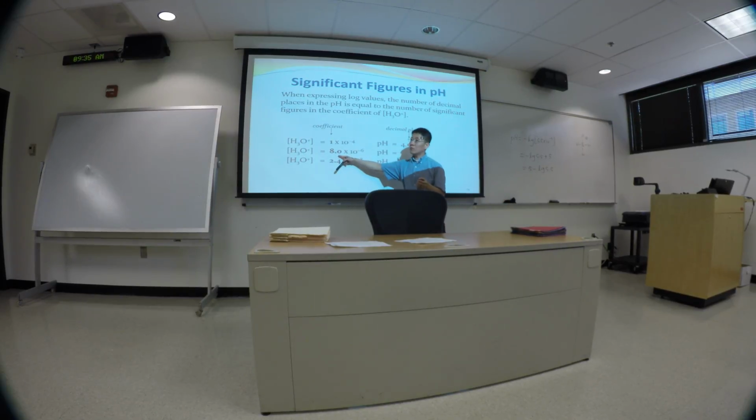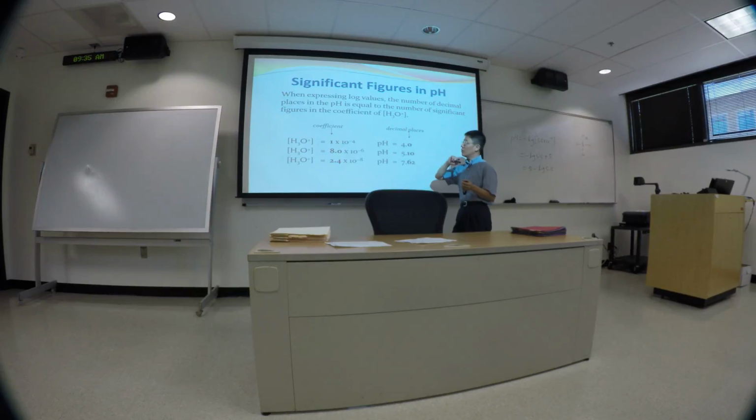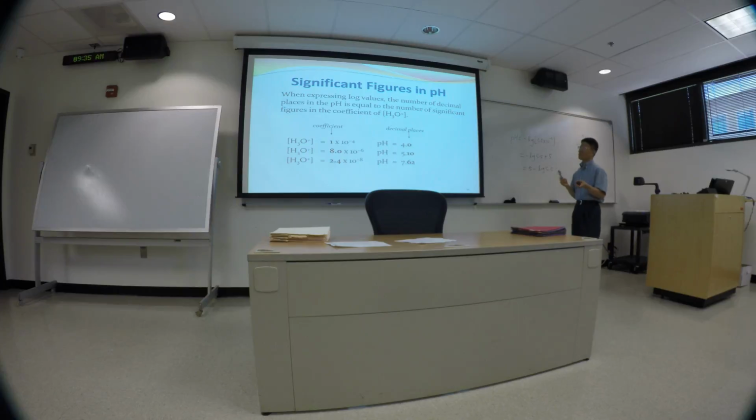If you have 2 sigfigs in the coefficient of the concentration, the pH value carries 2 decimal places. So that's something you want to pay attention to, and you have to watch for the sigfigs when you deal with any measurements in chemistry and physics.